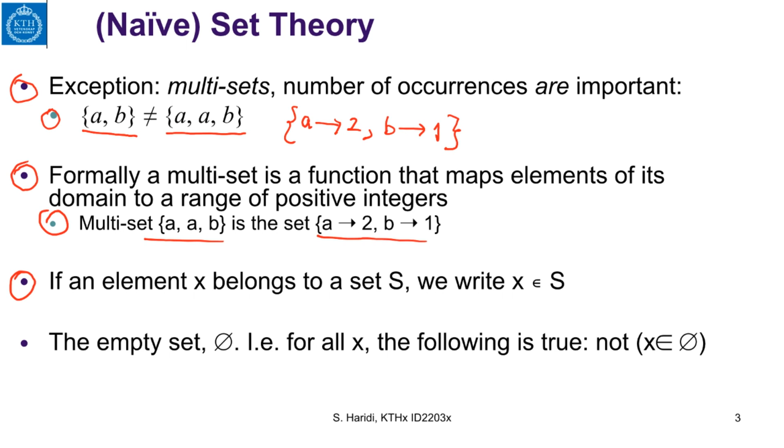If an element X belongs to a set S, we use this notation to say that X is an element of the set S. And we use this notation for the empty set. What this means is that for all x's, the empty set does not contain any x.